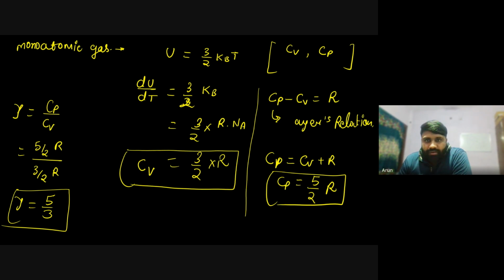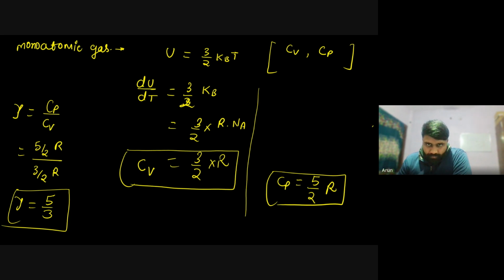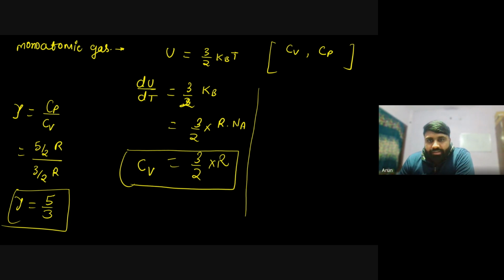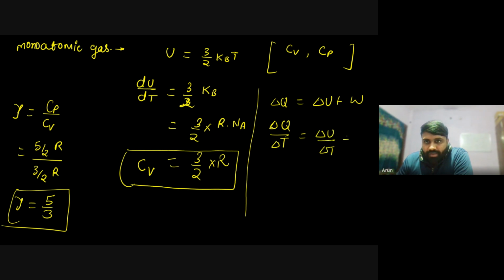Now, if you are interested in how this formula came, Cp minus Cv came from the first law of thermodynamics. You can derive it. Delta Q equals delta U plus W. If you differentiate these terms, it becomes dQ by dT equals dU by dT plus dW by dT.